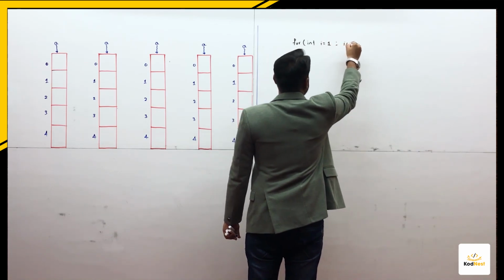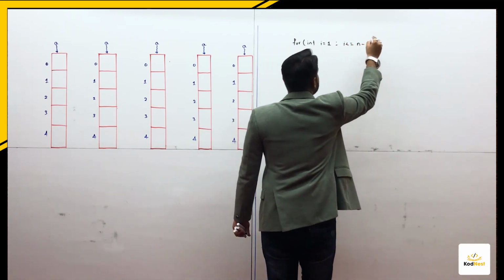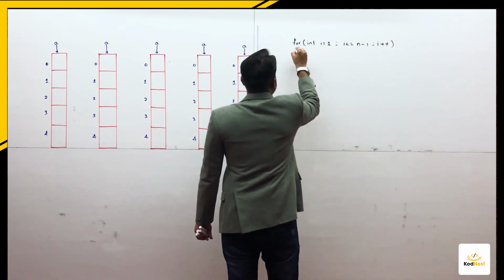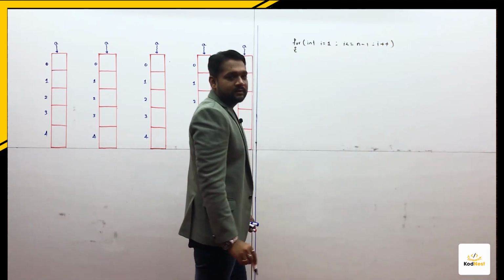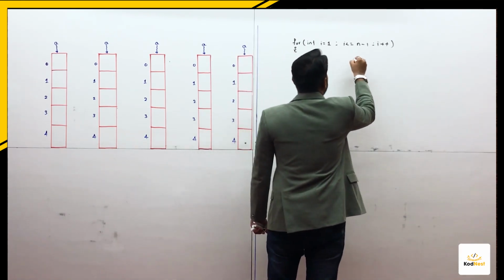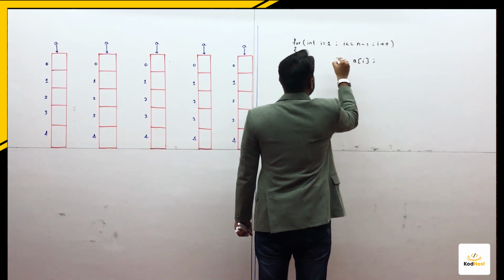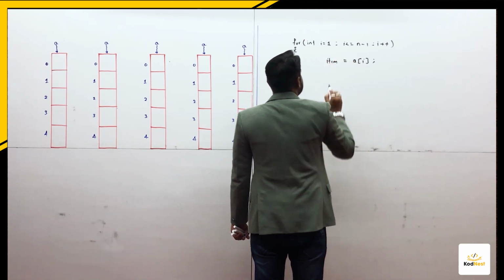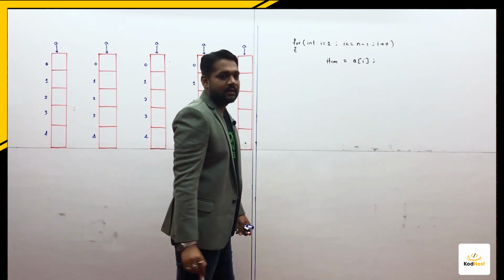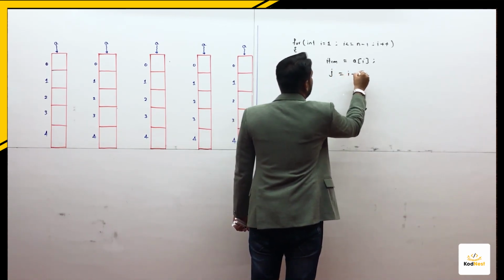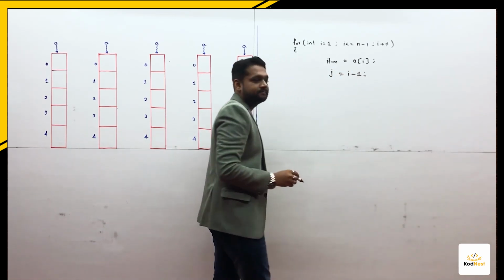You have to go until i less than or equals to n minus 1. Every time you have to increment the value of i. Initially, whatever is there in array of i, you have to give it to a variable called item, it seems. And you have to place j one level before i, it seems.